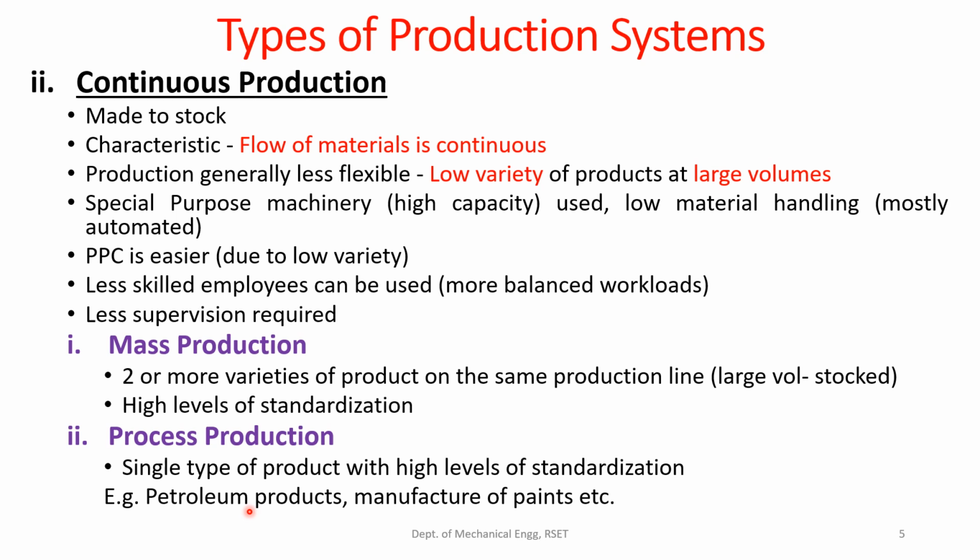So you are producing one or more different products by just employing a single process. That is why you generally refer to these kinds of systems as process production systems.